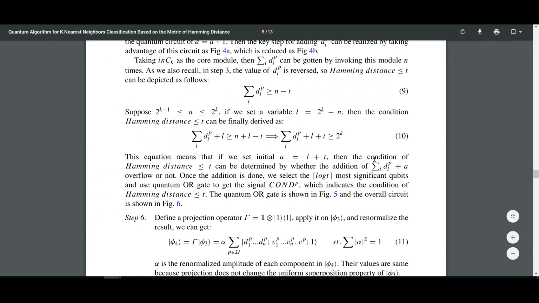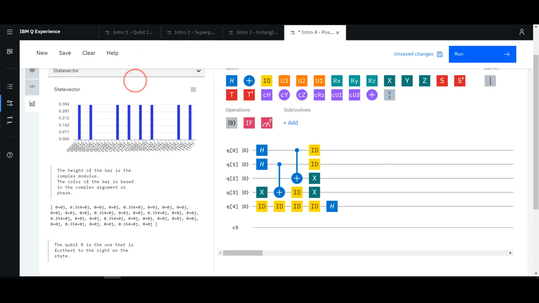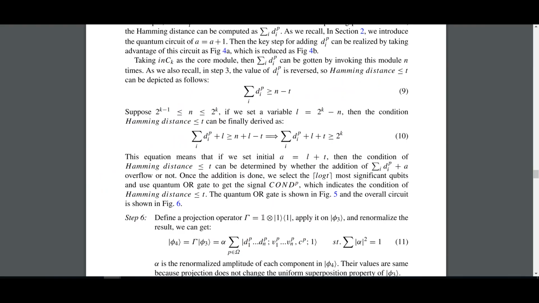And the way this is defined is they're just proposing to do this in a way where you add a constant, you add some A to these D's in a way that if they overflow, then it means that the Hamming distance is there. And you're gonna do that overflowing. It's pretty damn smart.